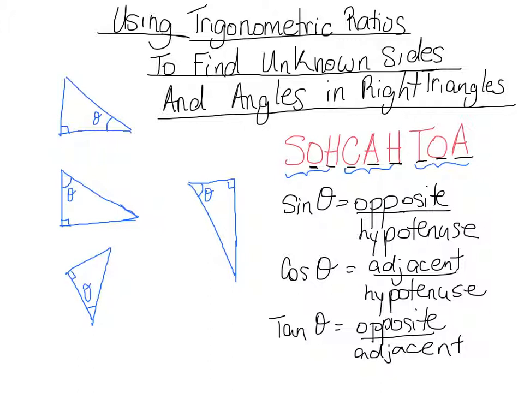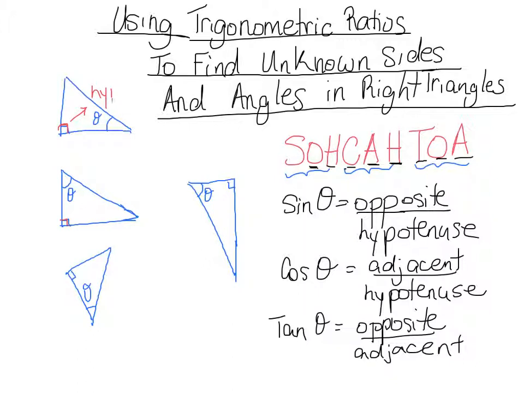But in order to use these and use them effectively, you have to actually know what an opposite is, what a hypotenuse is, and what an adjacent is. Well, let's talk about the easiest one first. The hypotenuse is the longest side, and it's across from the right angle.